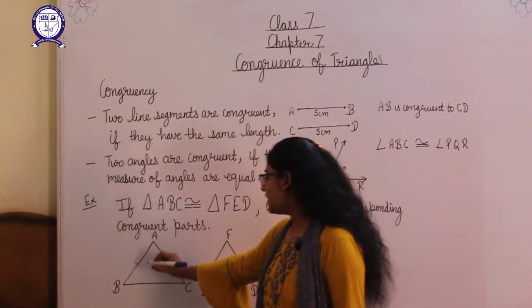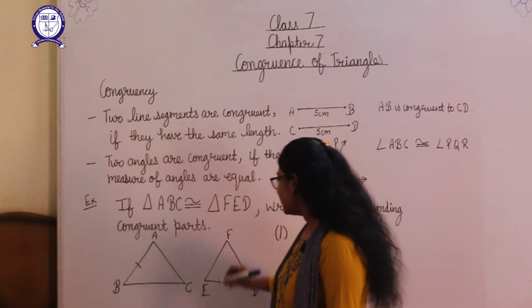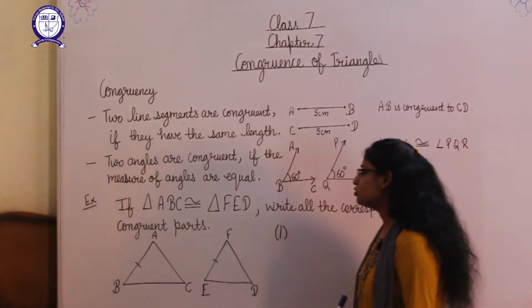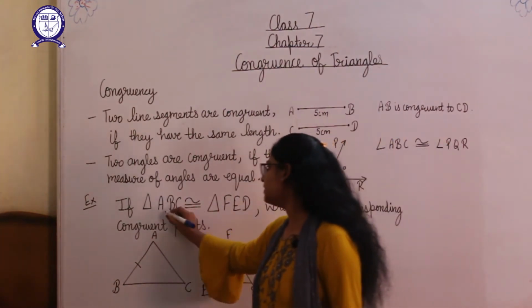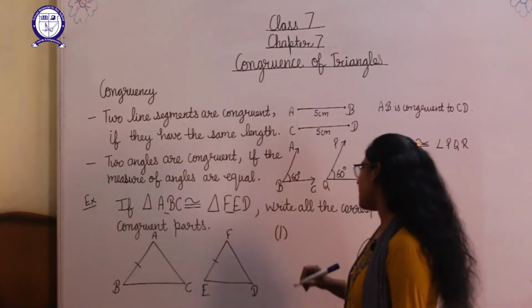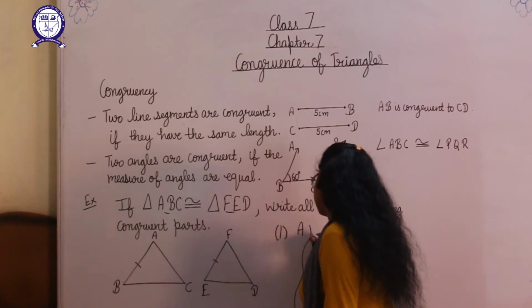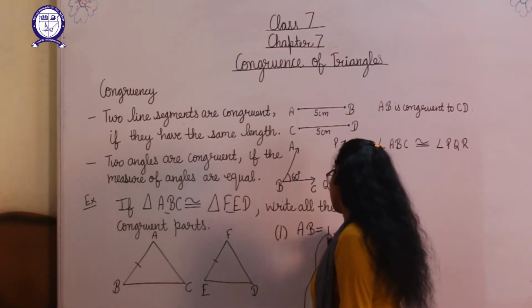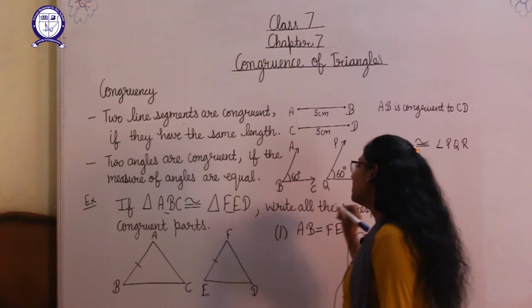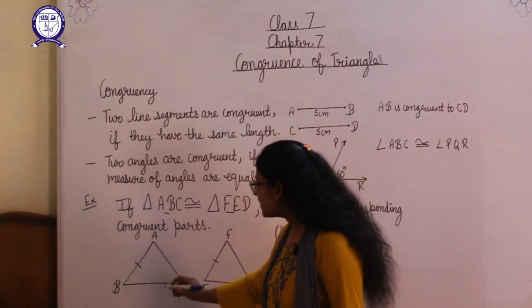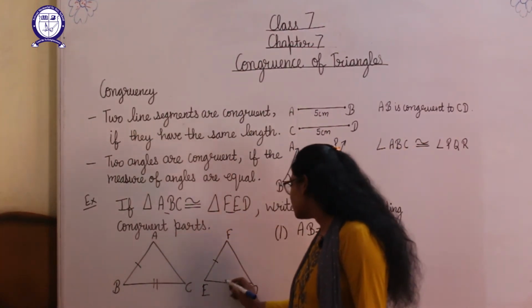First of all, AB is here, so I can say that AB is equal to FE. This will be the first congruent part. Now the next one is this baseline: BC is equal to ED.